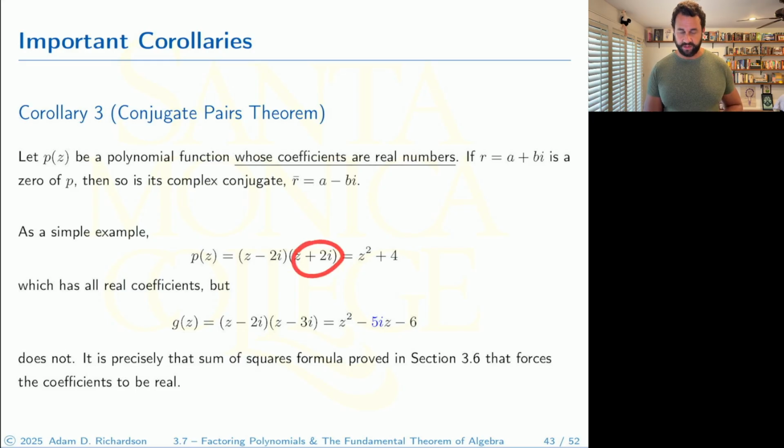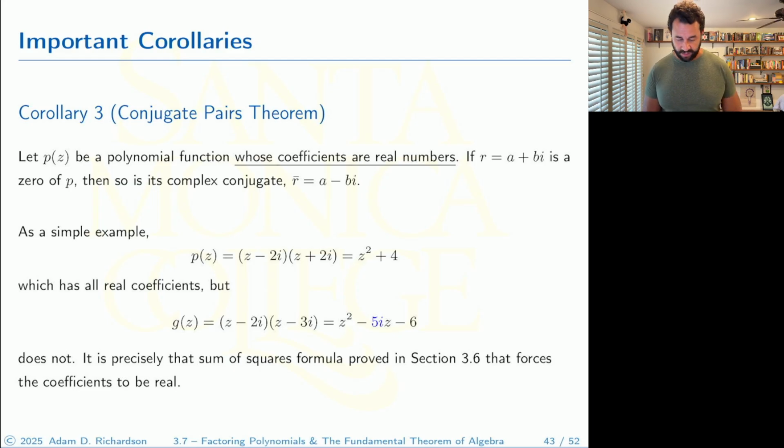Well, here is one of them. z minus 2i is a factor. But because this is a factor, this also has to be a factor because the coefficients are real. Or, more specifically, because 2i is a zero, negative 2i must also be a zero.